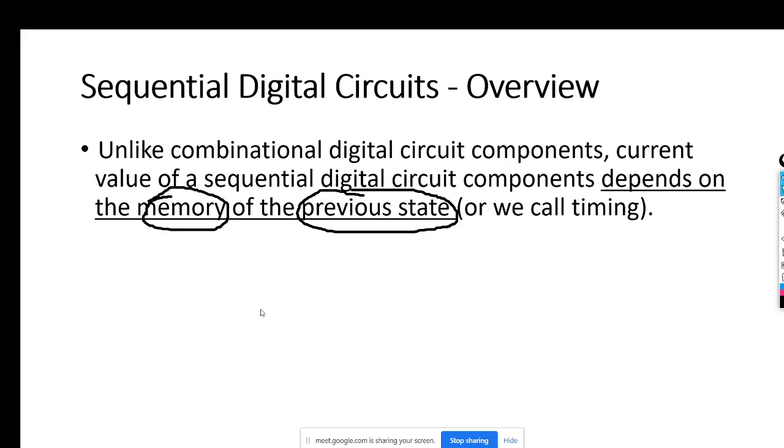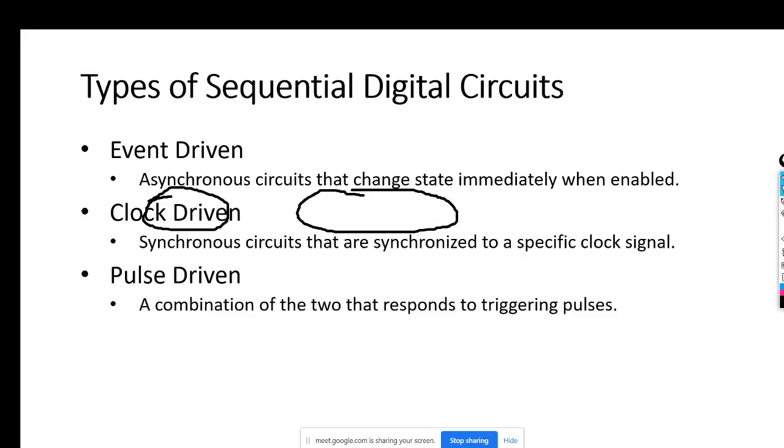Those sequential digital circuits may be triggered in different ways. For example, they might be triggered using events, or clock driven, that means triggered by the clock itself, or pulse driven. The clock and the pulse are sort of interchangeable words.